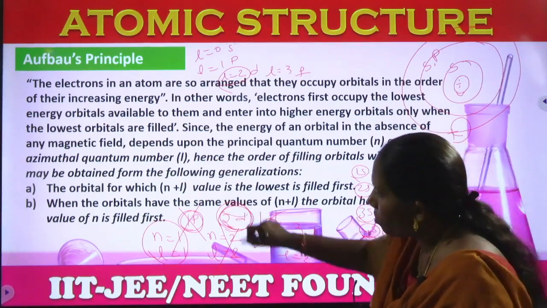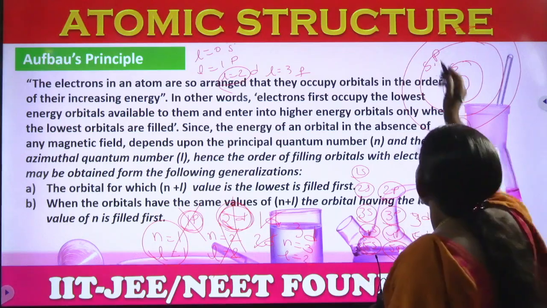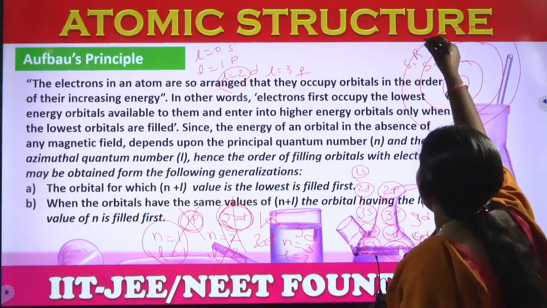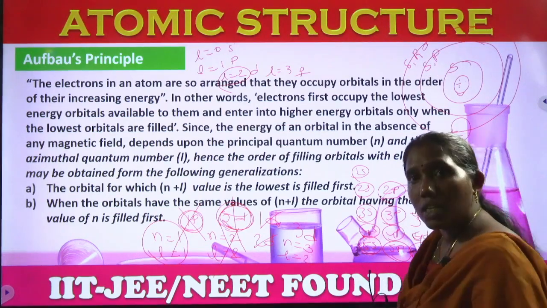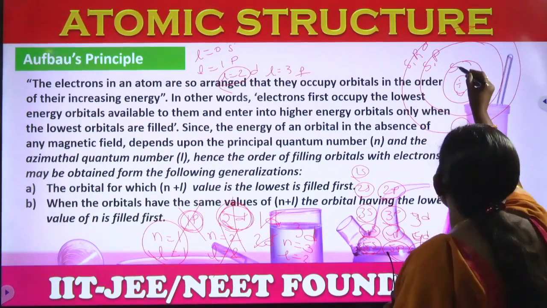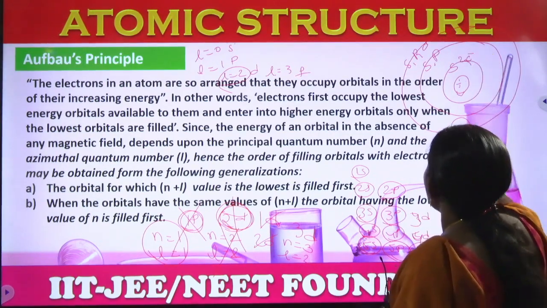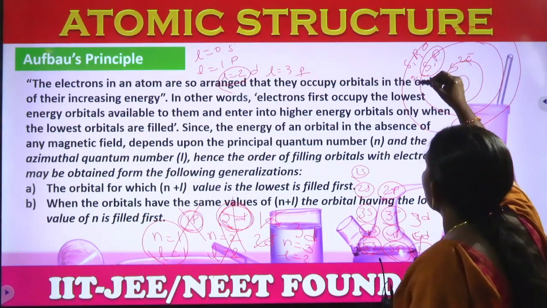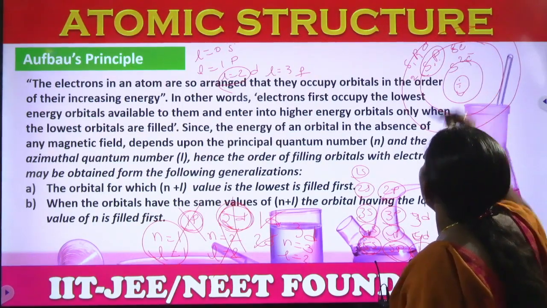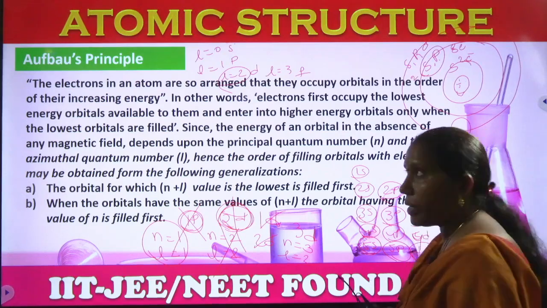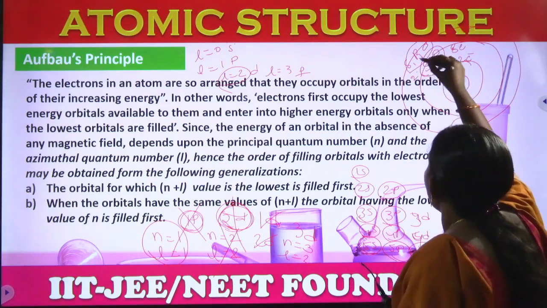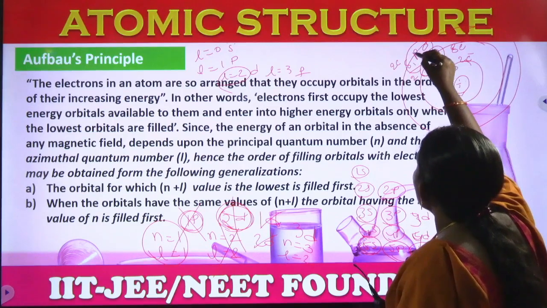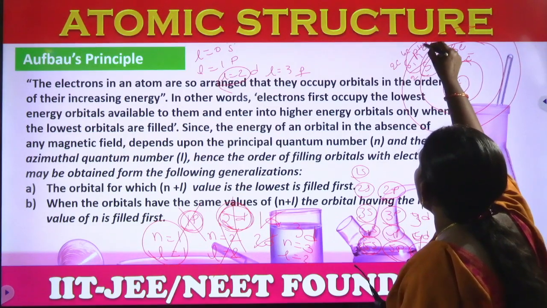That's why 2d is not possible, as we just discussed. The d starts from 3. The s orbital can accommodate 2 electrons and p can accommodate 6, so 6 plus 2, in the second orbit 8 electrons will be present. In the third, s can have 2 electrons, p orbital 6 electrons, d orbital 10 electrons.